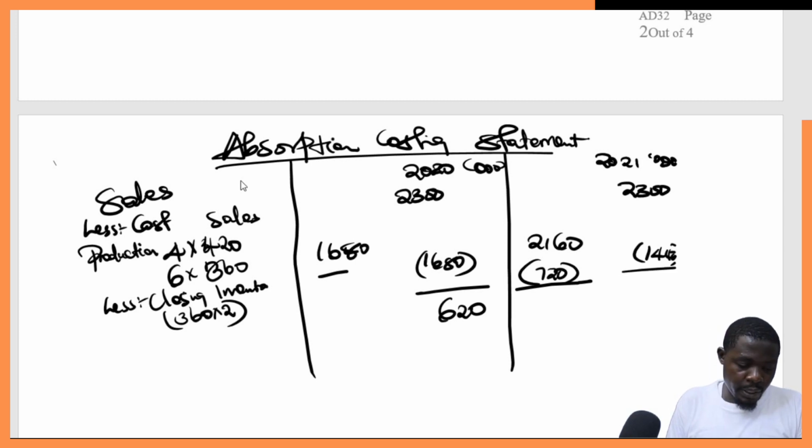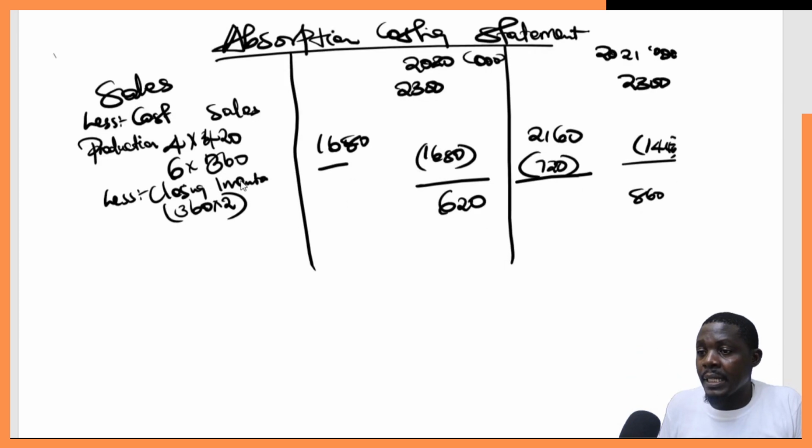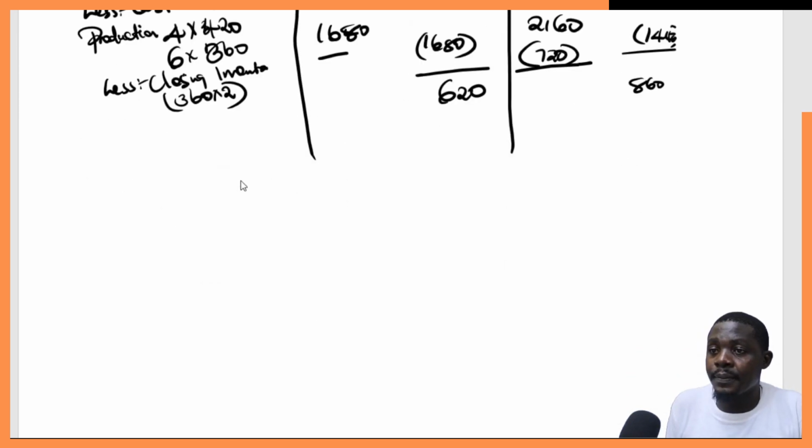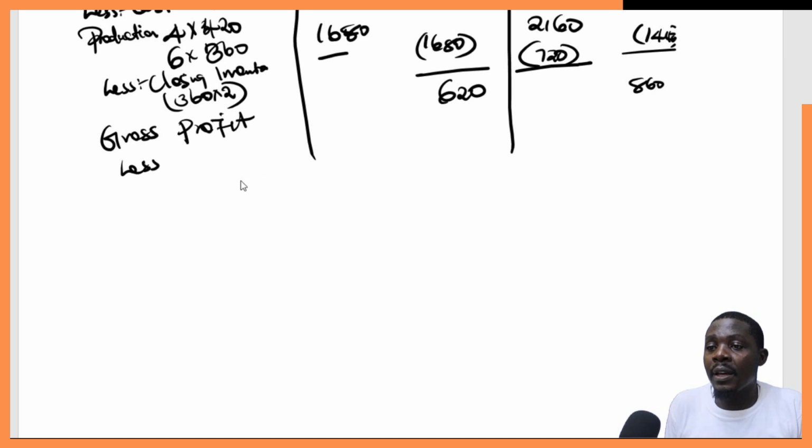Then 2300 minus the answer, we have 860. The next step is we less. Now that is the gross profit.